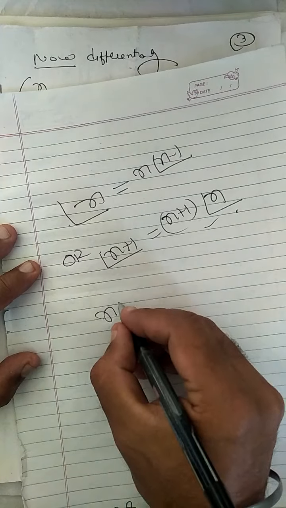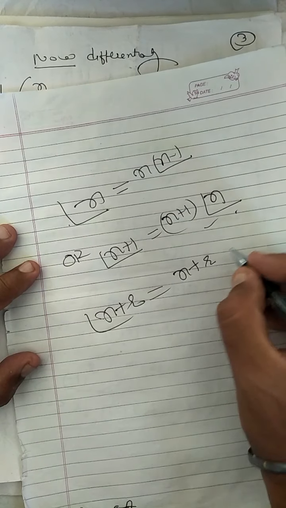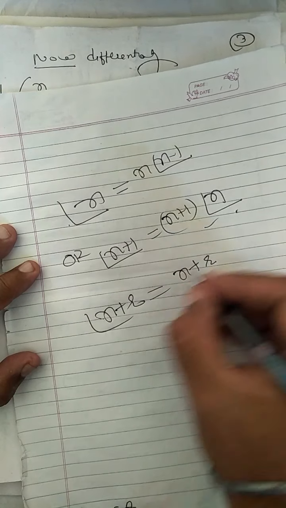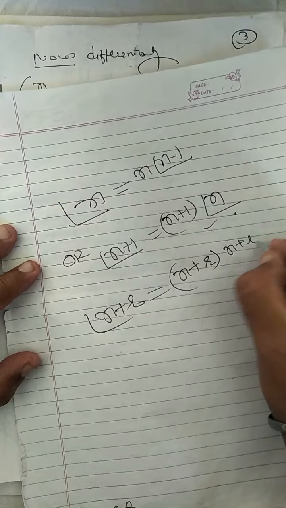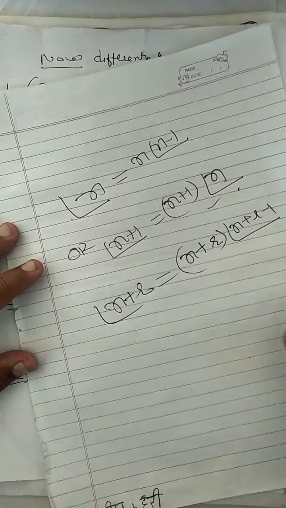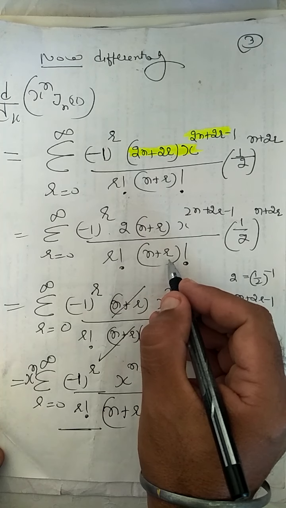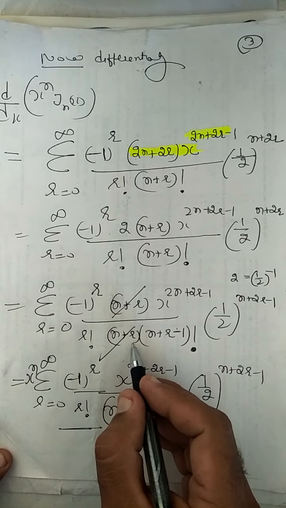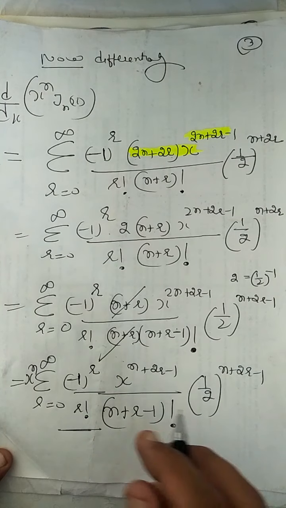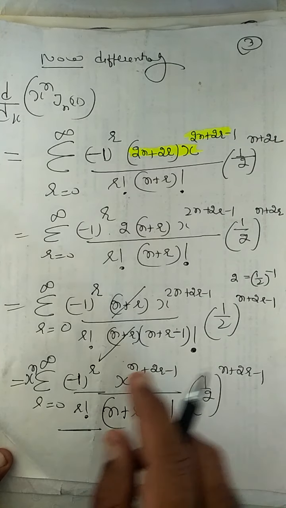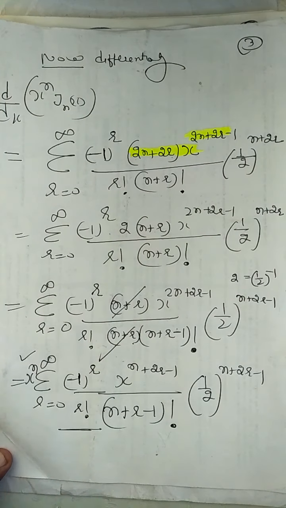We write n factorial as n into n minus 1 factorial, or n plus 1 factorial as n plus 1 into n factorial. So n plus r factorial can be written as n plus r into n plus r minus 1 factorial. This term gets cancelled out, and we take x raised to the power n common out of the expression.